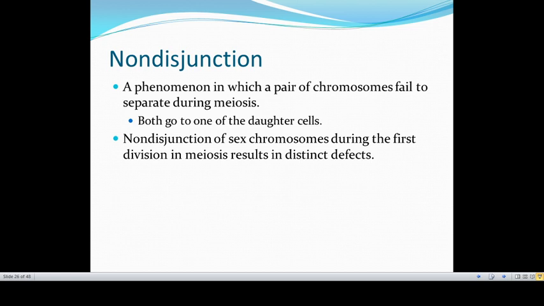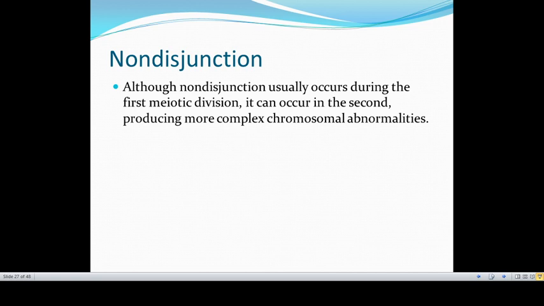Non-disjunction of sex chromosomes during the first division in meiosis results in distinct defects. Although non-disjunction usually occurs during the first meiotic division, it can occur in the second, producing more complex chromosomal abnormalities.